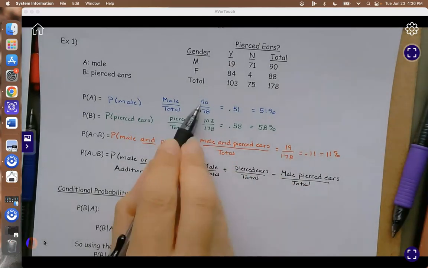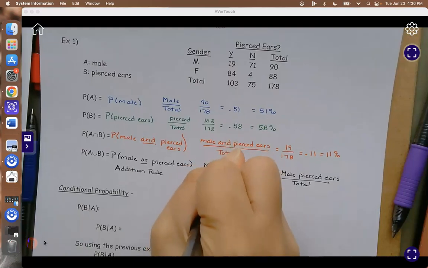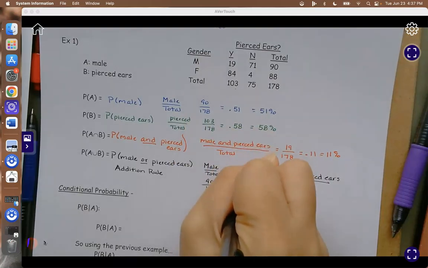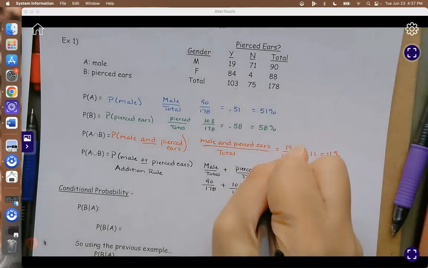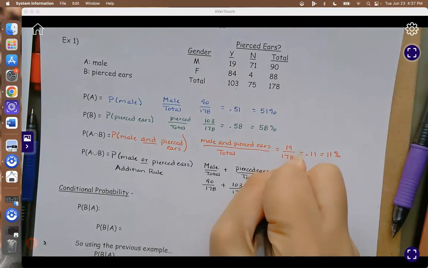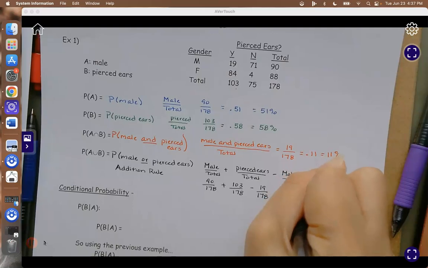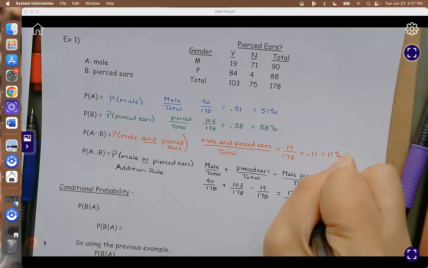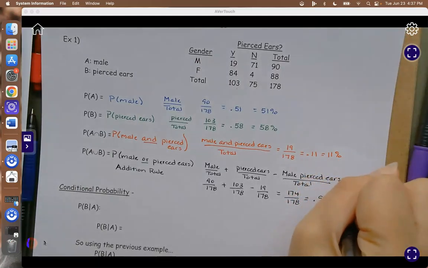Okay, so we have 90 over 178 plus 103 over 178 minus 19 over 178, which gives me 174 over 178, which is 0.98 or 98%.